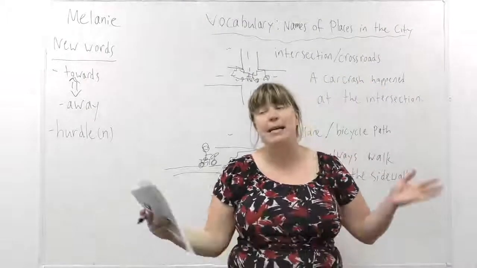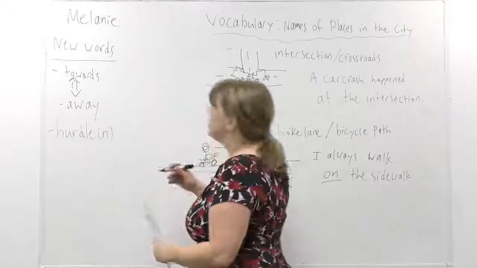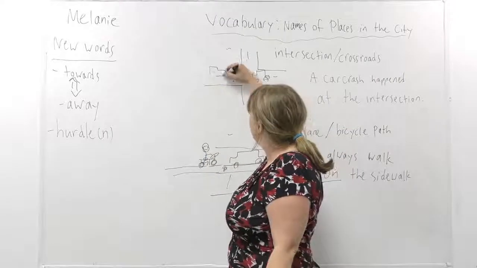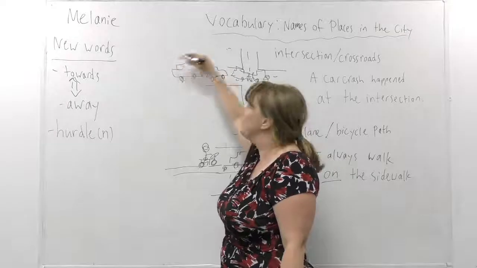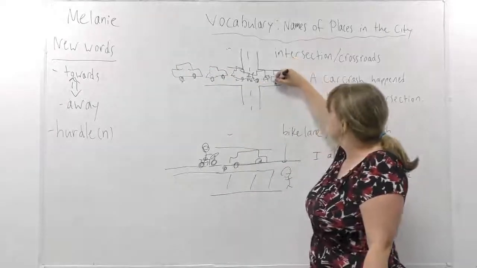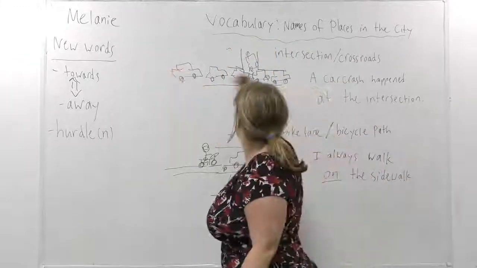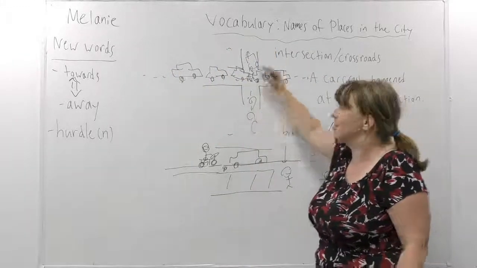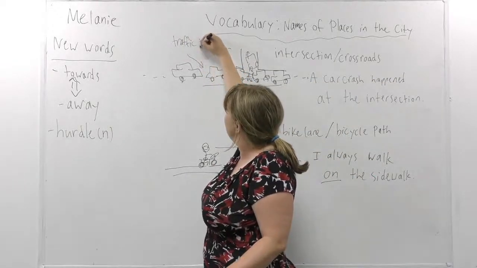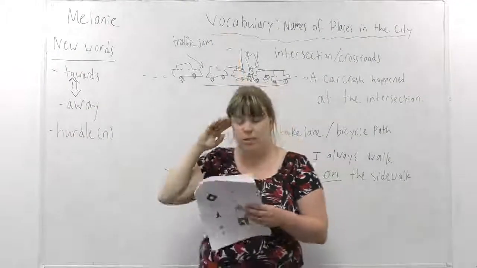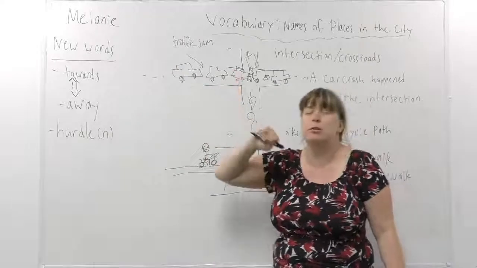Okay, and because of this collision at the intersection, now we have a very, very long traffic jam. So now there are so many cars waiting, and there's more cars here, there's more cars here. So this is a traffic jam. So this is when there are so many cars on the road that you can barely move.